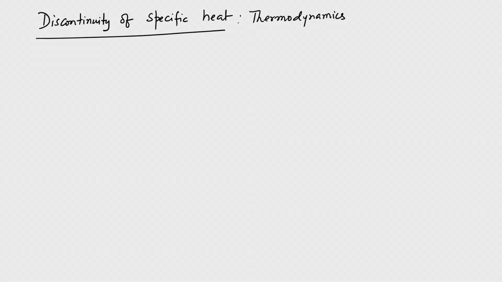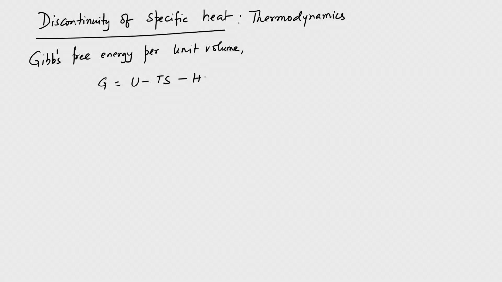Okay. So, we write down the Gibbs free energy per unit volume as G equal to U minus T S minus H M, where we have neglected the PV term. So, that is the Gibbs free energy per unit volume, and if you want, call this equation 1.